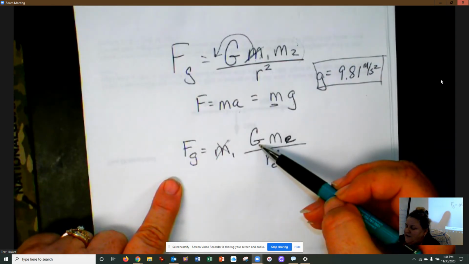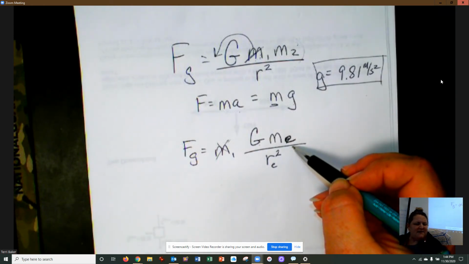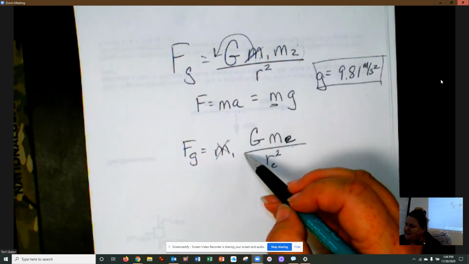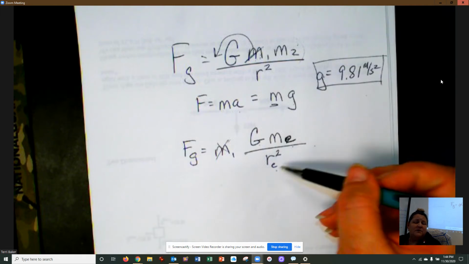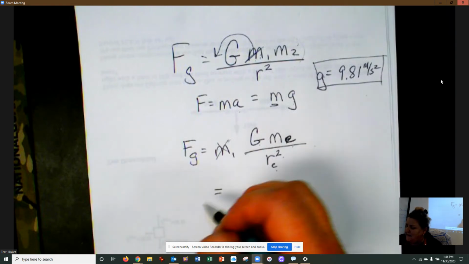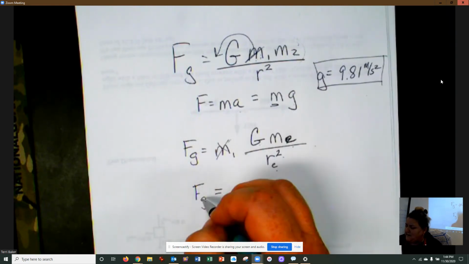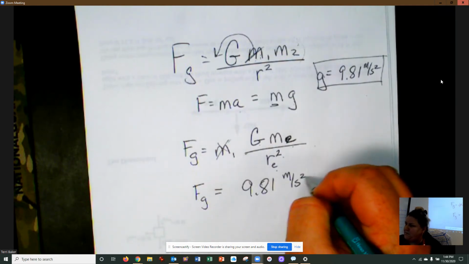So if you take G, which is 6.67 times 10 to the negative 11, you multiply it by the mass of Earth, which is 5.98 times 10 to the 24th. It's on the front of your worksheet. And divide by the radius of the Earth, which is 6.38 times 10 to the 6 meters squared. What you're going to get is the force of gravity, in this case, is going to be 9.81 meters per second squared.